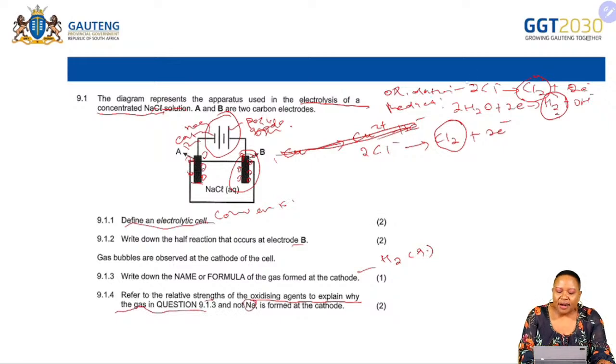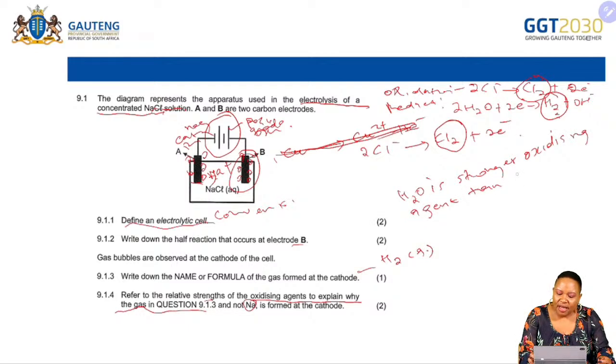Referring to the strength of the oxidizing agent, explain why the gas that is formed is not Na. Remember, in this reaction, there was also sodium ion inside the solution. So the reason why sodium is not formed is because H2O is a stronger oxidizing agent than Na plus ions.